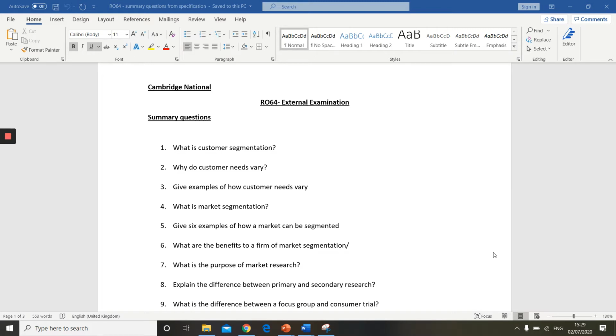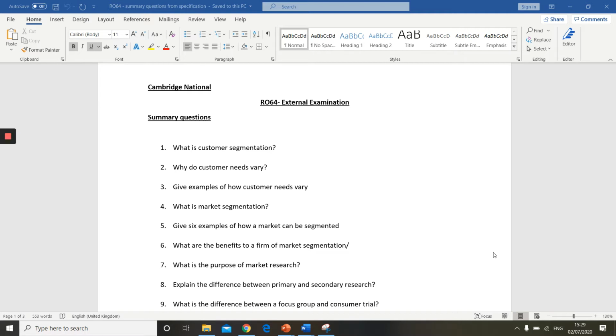Okay, question number 2. Why do customer needs vary? Think about people who would shop at Primark compared to people who may go and buy some shoes from Balenciaga. Think about the difference in there. Obviously, price is one. Think about why people would shop online compared to people shopping in store.